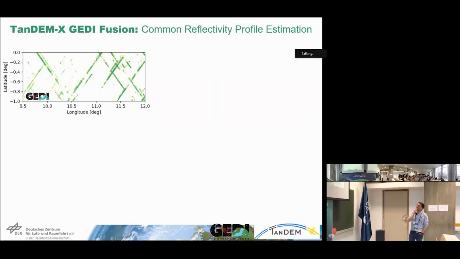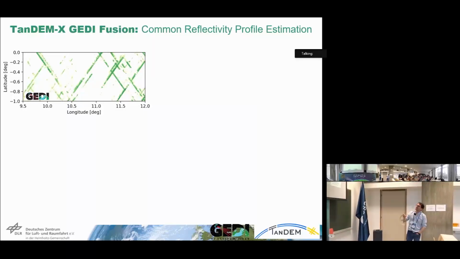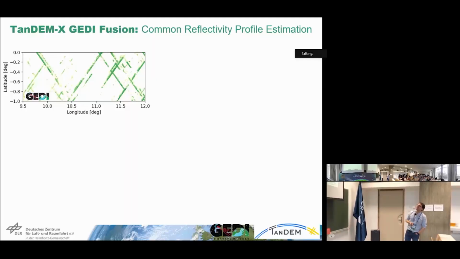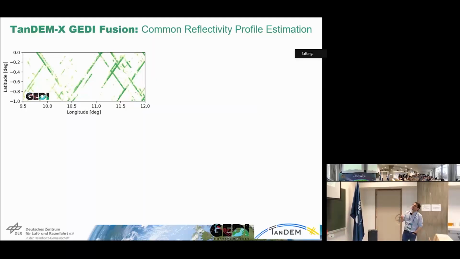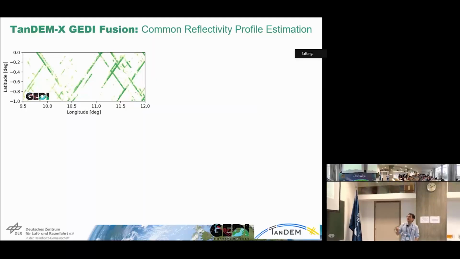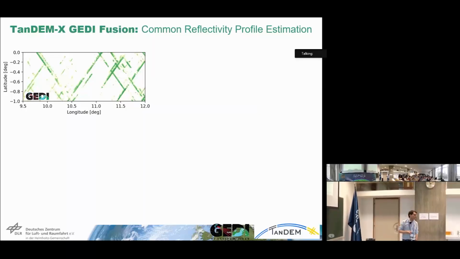Just to show you how good it is. We are here where? This is somewhere in Gabon. You have a few degrees in longitude, and around 1 degree in latitude. You see this is the situation of how GEDI samples. Well, this is actually an old picture, but it has not changed very much. This is how GEDI samples the surface.